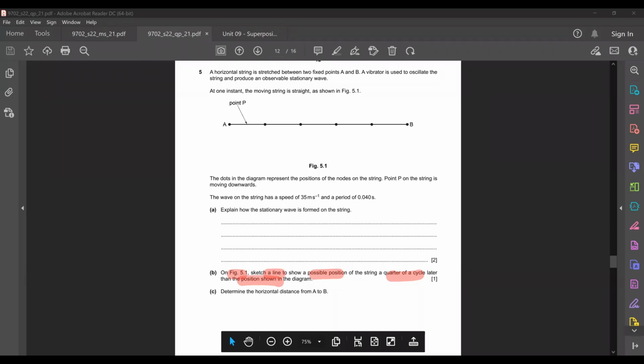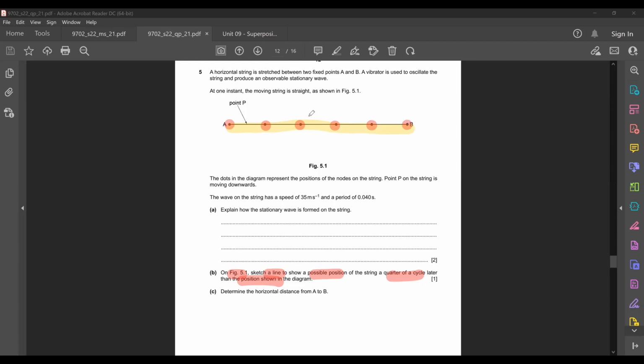So we have this horizontal line representing our string, and then these dots here were actually our nodes, and point P was right over here in the middle. So if we already know that point P on the string is moving downwards, a quarter of a cycle later, it will actually just move downwards like this.